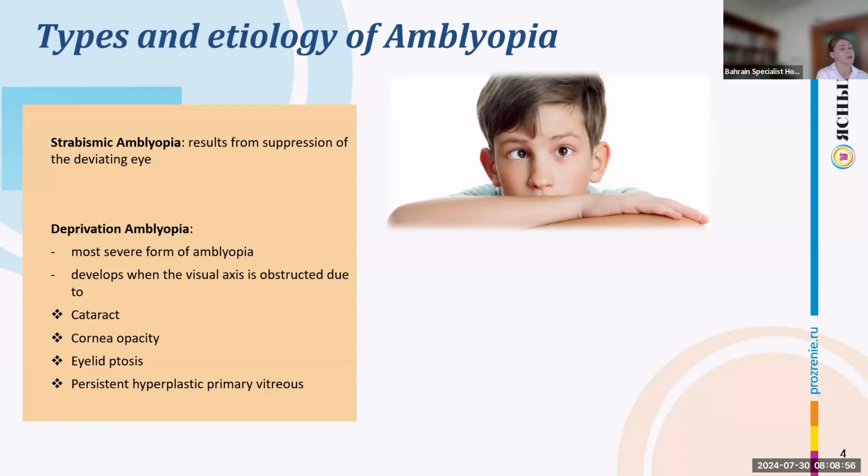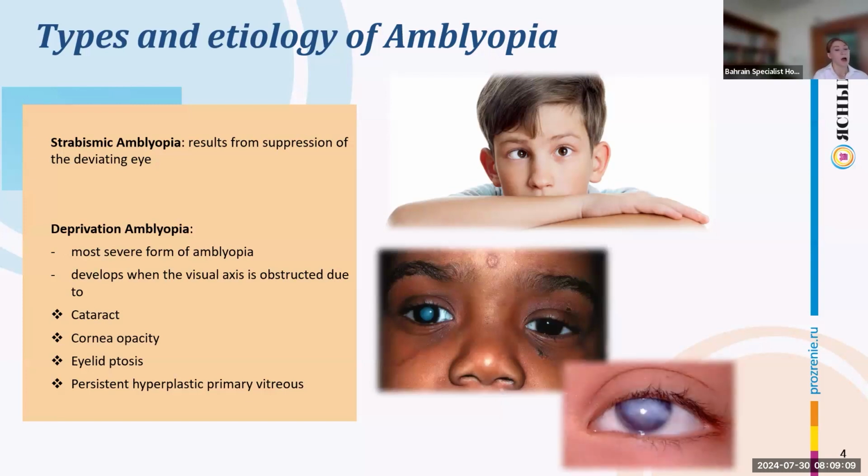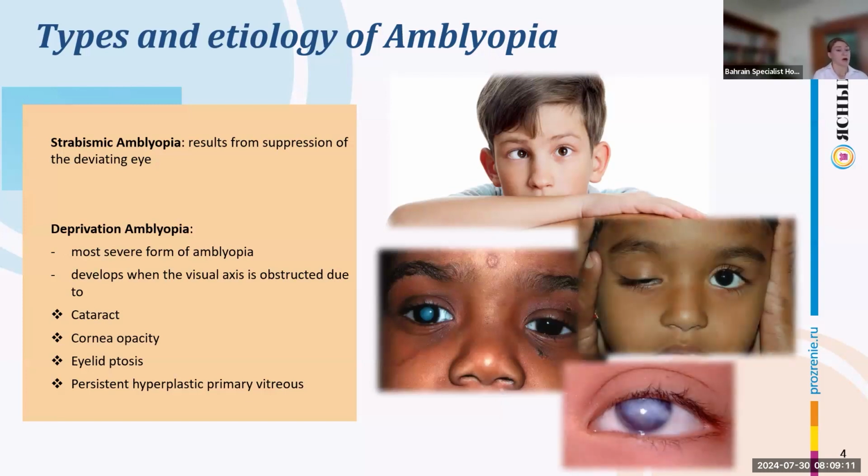It usually develops when the visual axis is obstructed due to congenital diseases: congenital cataract, cornea opacity, eyelid ptosis, persistent hypoplastic primary vitreous body, and other ophthalmological diseases, even oncology of the eye.